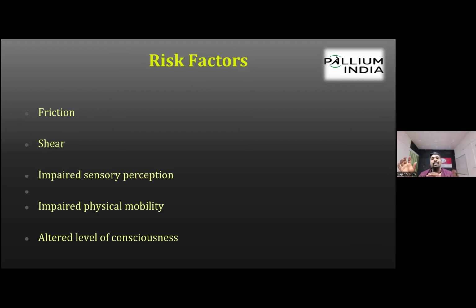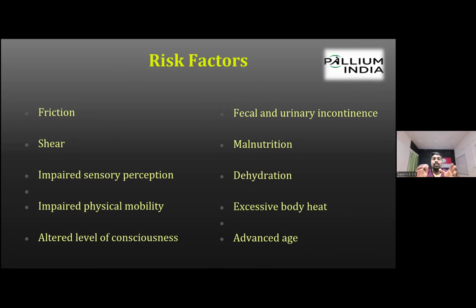They have no sense in a particular part, so they do not know that this part is not moving and has been in one position for a long time. Or the patient has no consciousness, is in a vegetative state, or stays in the same position for a long time. In these cases, assistance is truly needed to change position, to a sideline position or another position. So these types we can call risk factors.